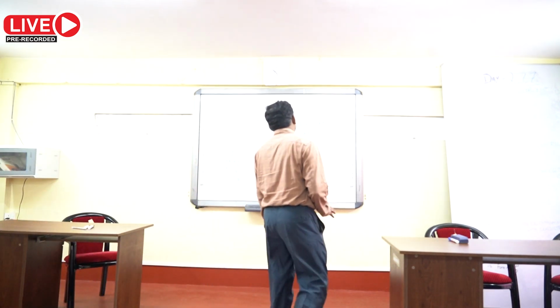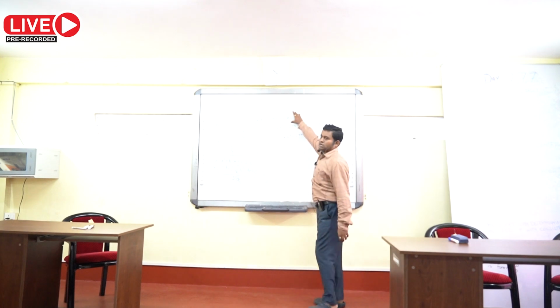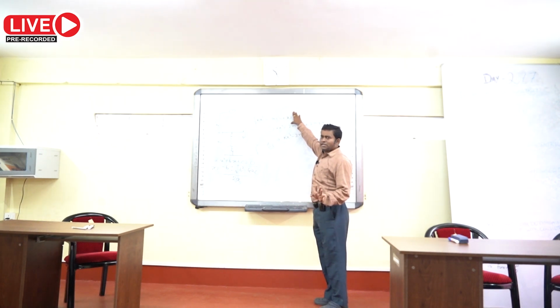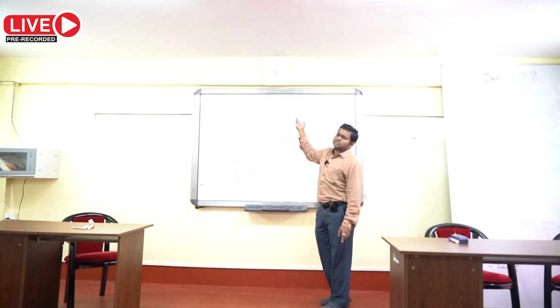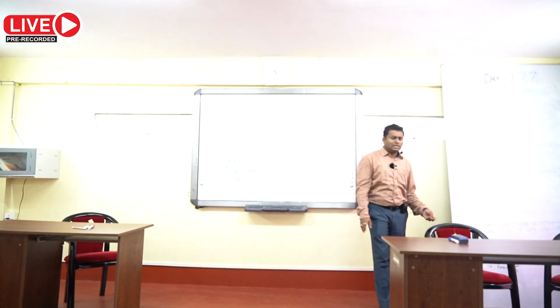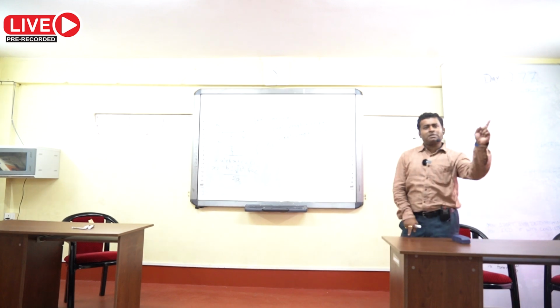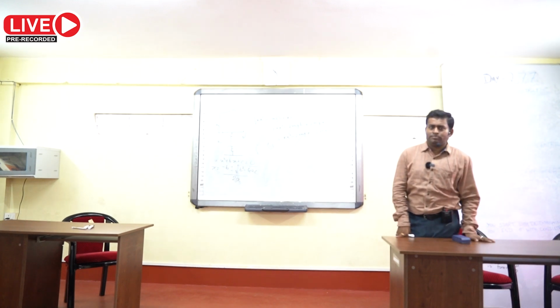So the physics part of the problem is this one. Once you write this equation, the physics part is complete. The rest is solved using whatever mathematical techniques you know. If numerical values are given, it may come as a middle term factor, then you factorize and find the values. That is a part of mathematics. The physics portion is how to apply the conservation of energy for this problem.